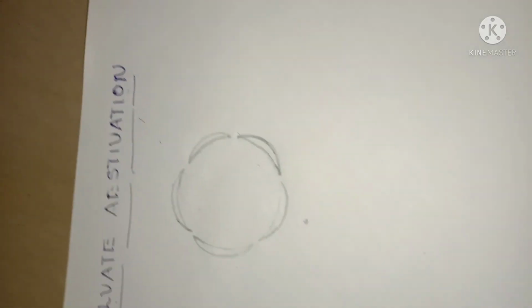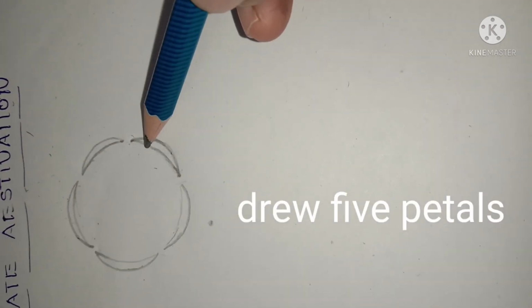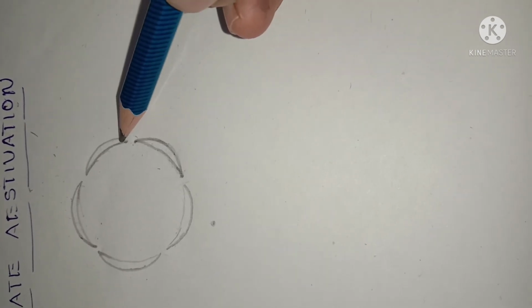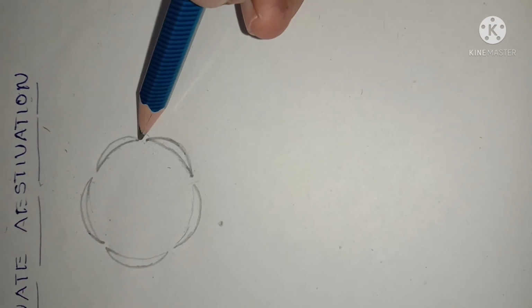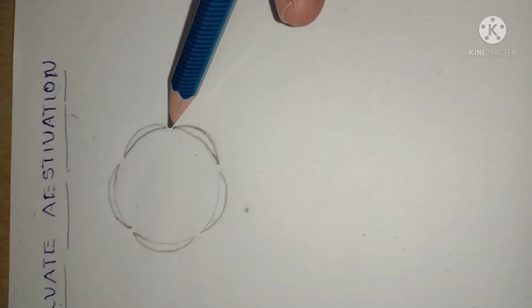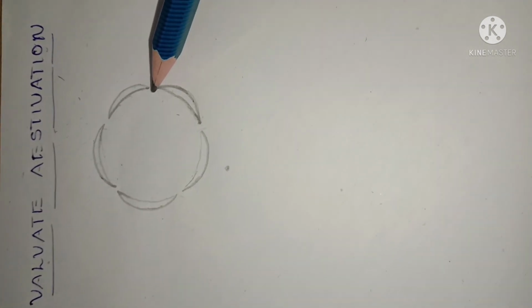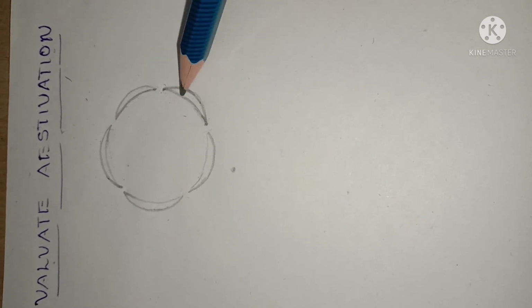I drew 5 petals. This is one petal, this is the other petal, this is one margin. Thus 2 margins are in close contact with each other with a gap. We have studied in the calyx, that is the green colored cup shaped structure of the hibiscus flower, that it shows valvate estivation.